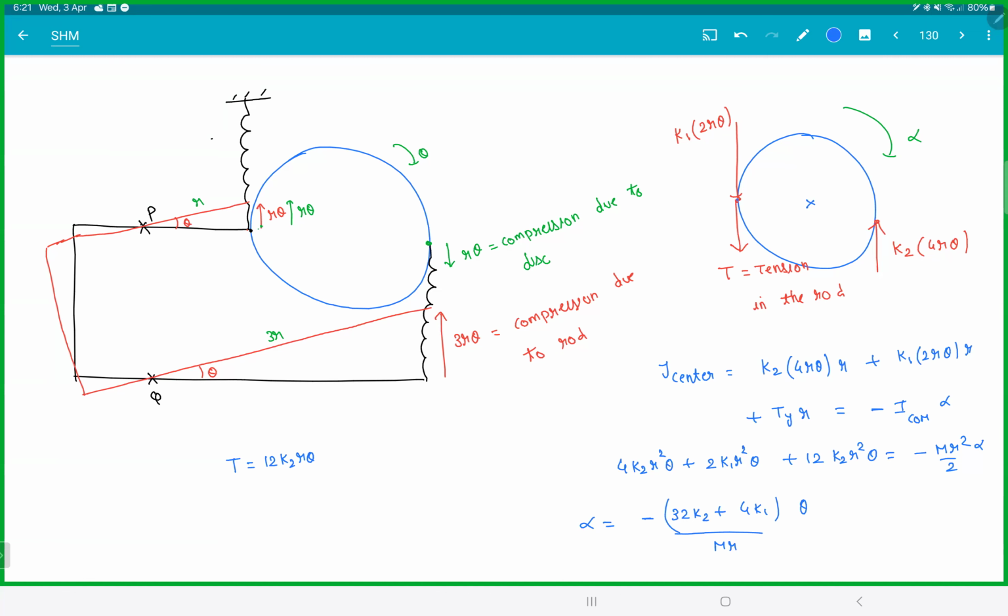I goofed up somewhere. No, r theta will not come here because it is not connected to the spring. This is connected to the rod.